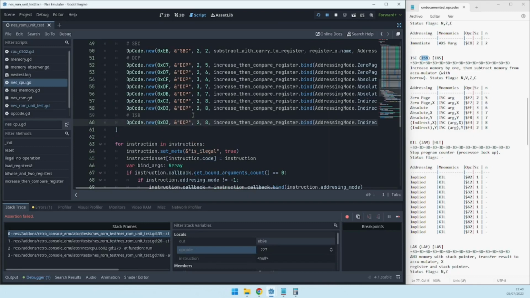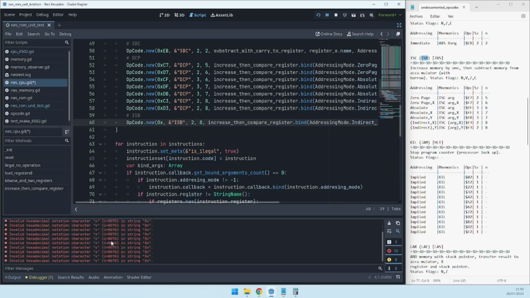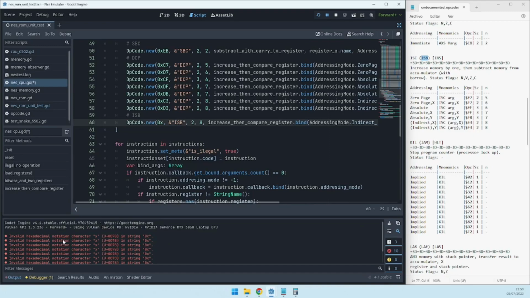Let's copy one random line and repeat it. ISB, I think it's ISB, but we can check it really easily.